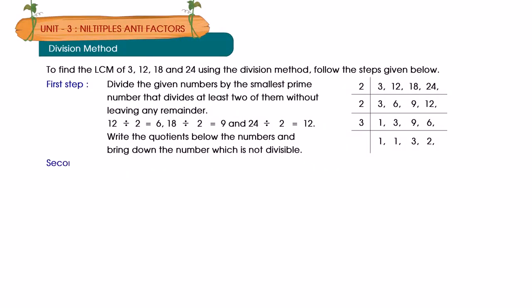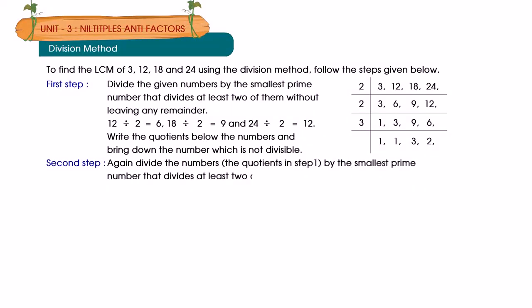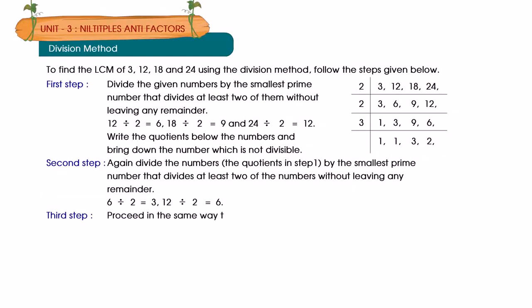Second step. Again divide the numbers, the quotients in step 1, by the smallest prime number that divides at least two of the numbers without leaving any remainder. 6 divided by 2 is equal to 3 and 12 divided by 2 is equal to 6. Third step. Proceed in the same way till there are only prime numbers or 1 in the last row.